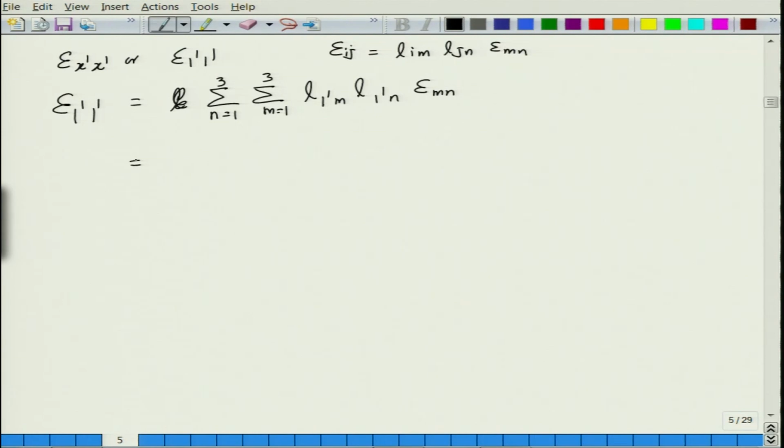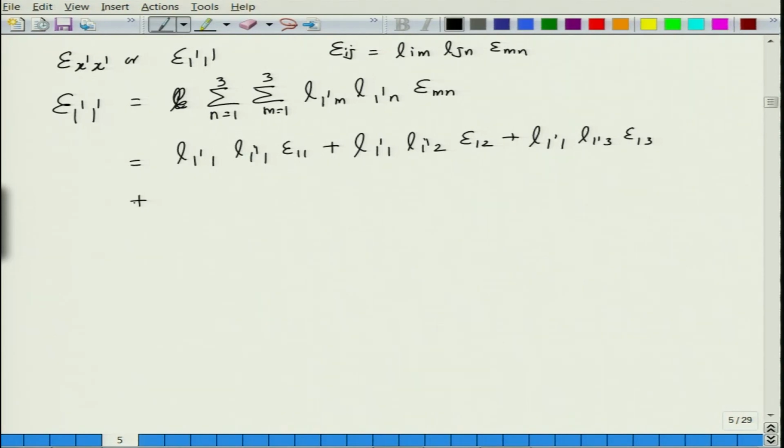So, if we now write it, this will be L 1 prime 1, L 1 prime 1 epsilon 1 1. Second term, so the m remains constant in the row. So, let us say it is L 1 prime 1, L 1 prime 2, n changes from 1 to 2 and this becomes epsilon 1 2. Similarly, we can write this as L 1 prime 1, L 1 prime 3 epsilon 1 3.